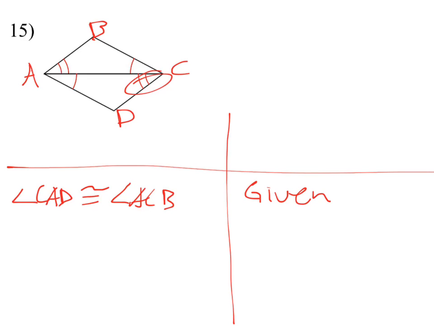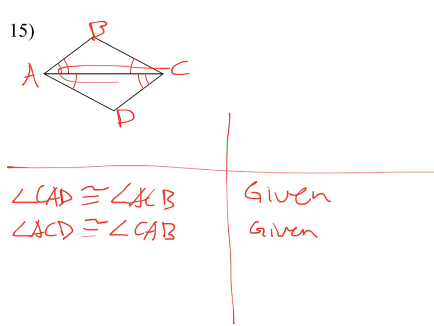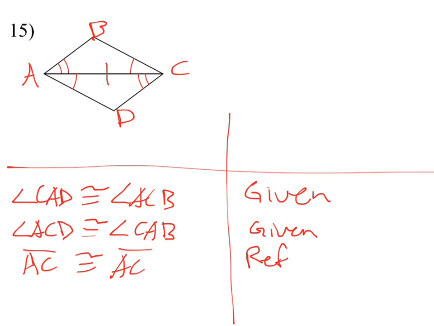And I know these angles over here match. And those angles are ACD congruent to angle CAB. That's a given. And right here in the middle, they share a side, so you can add a little tick mark there to show that AC is congruent to itself. It's congruent to AC. And that's because of the reflexive property.